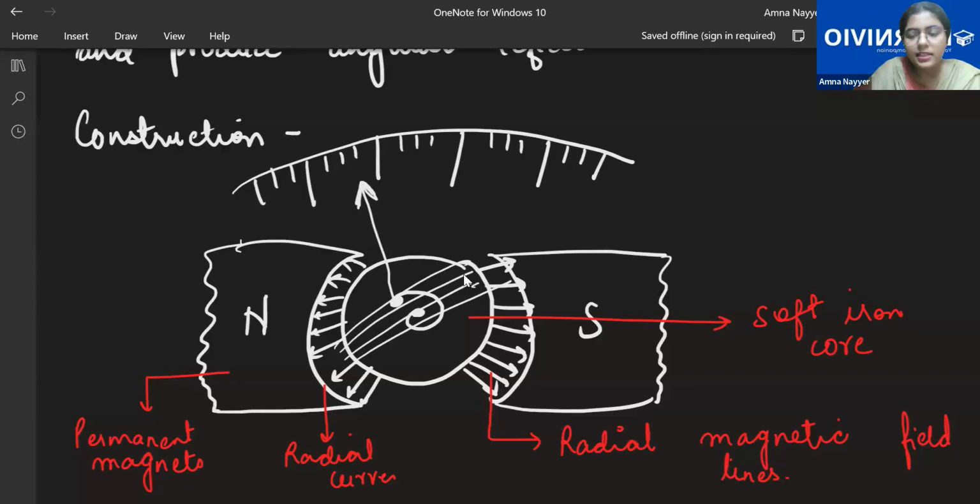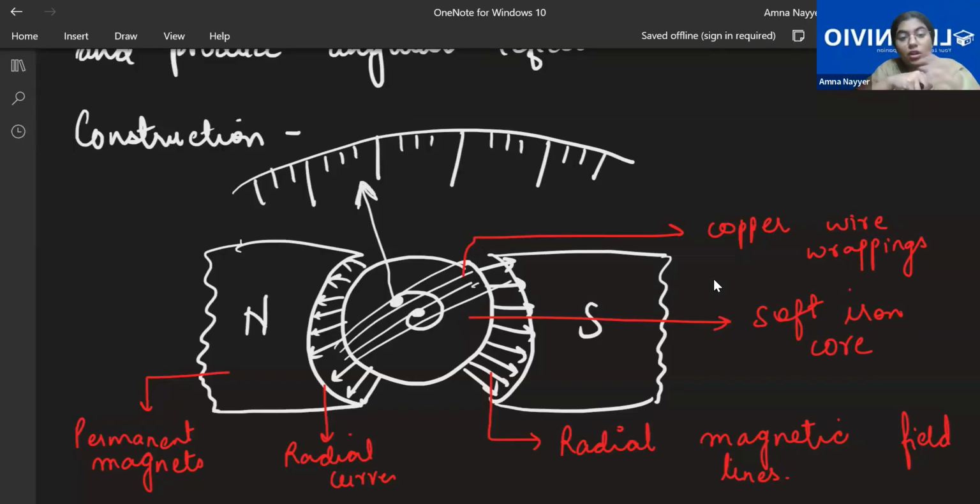It doesn't produce the magnetic field; it is just to hold the soft iron core. The iron core is also magnetic in nature. We'll study that there are certain substances that can be magnetized. We'll do it in the next chapter.